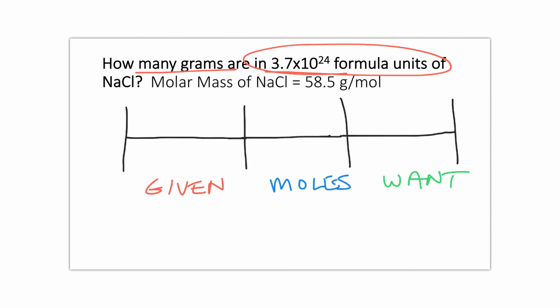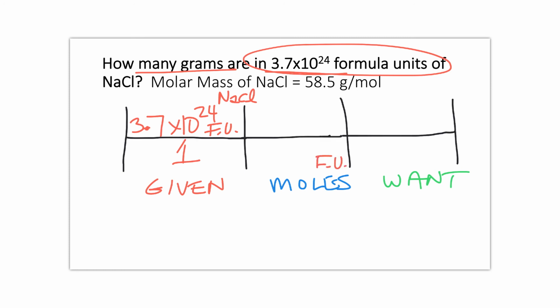So here's how it works. What are we given? We're given 3.7 times 10 to the 24th formula units, which I'm going to call FU, of NaCl. And then we put that over 1. Now, since we have formula units there, we have to put them here, formula units.